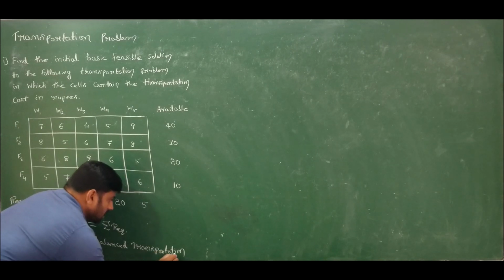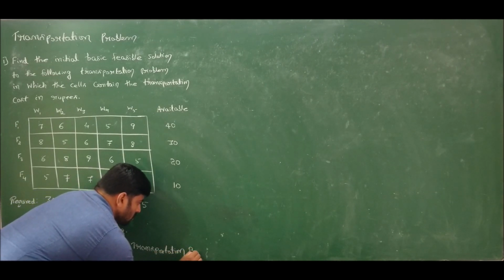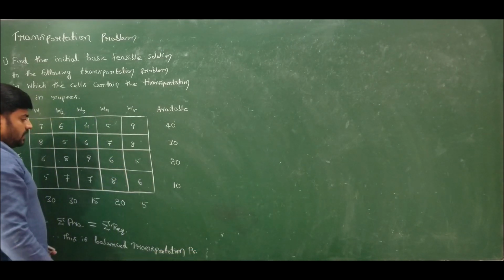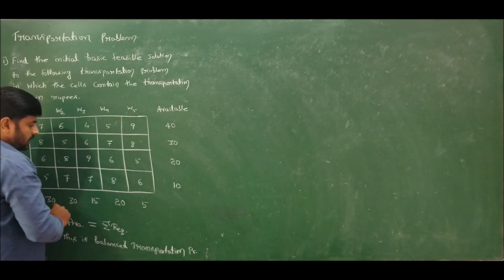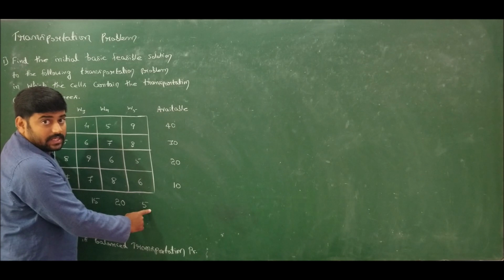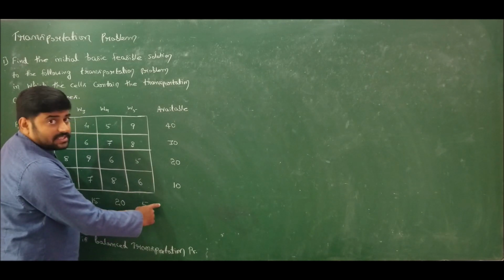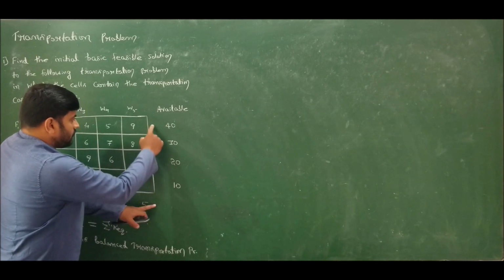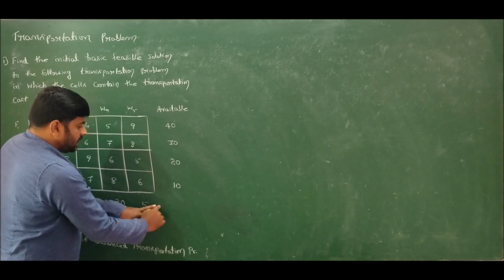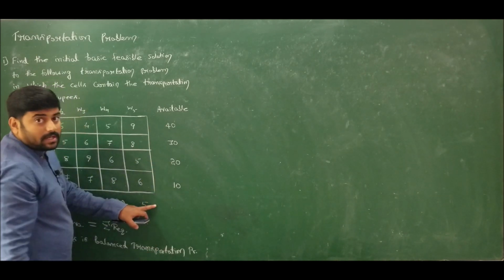If I got availability as 100 and demand as 90, I have 10 deficiency in demand, so add one more column of 0, 0, 0, 0 and write 10 here so that the sum becomes 100.